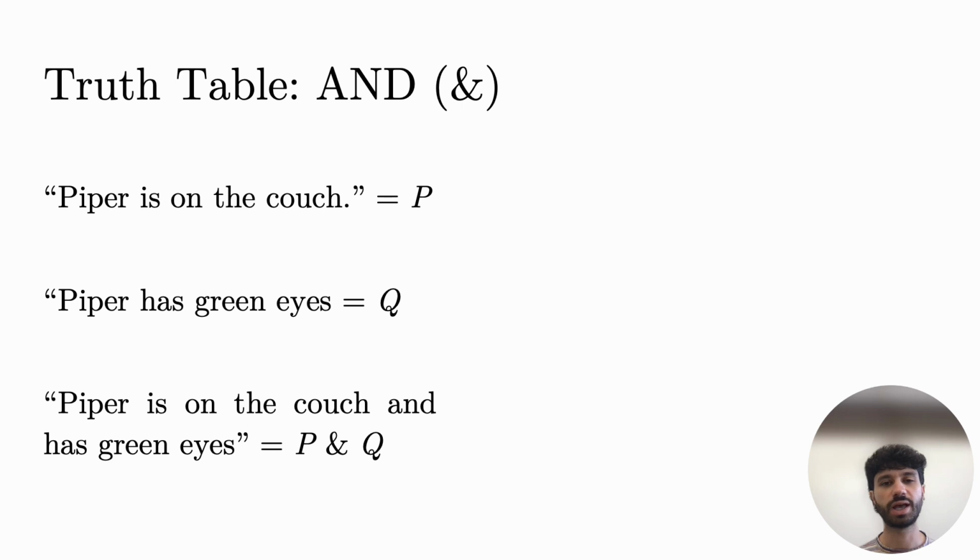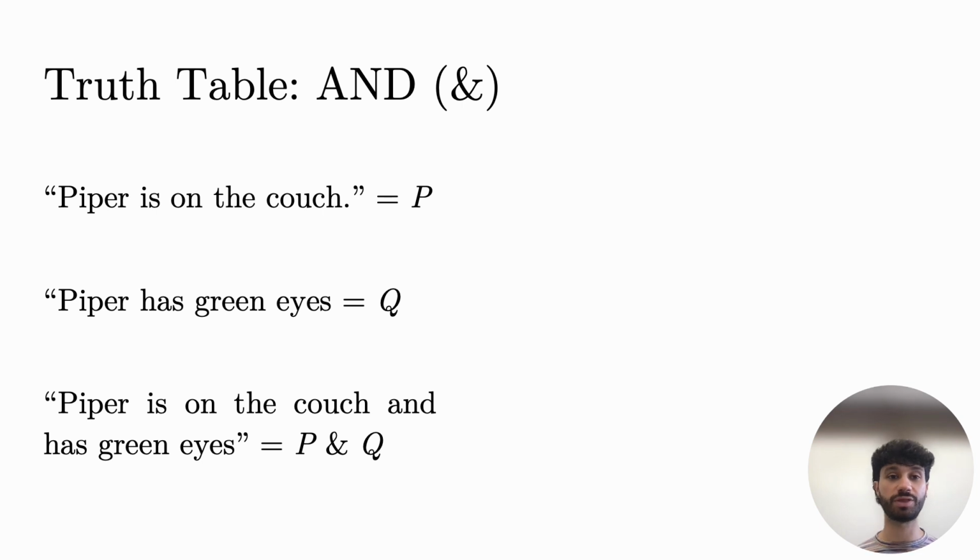So let's look at the truth table of this operator. So in the truth table, just to note again, we want to look at all the possibilities of combining the two simple statements. So remember that in the not operator, we had one simple statement, and that was it. That simple statement could be true or it could be false. And then the not operator would reverse the truth value of these.